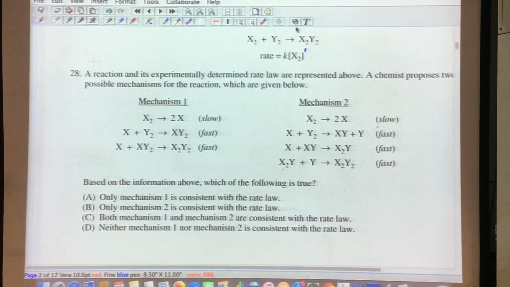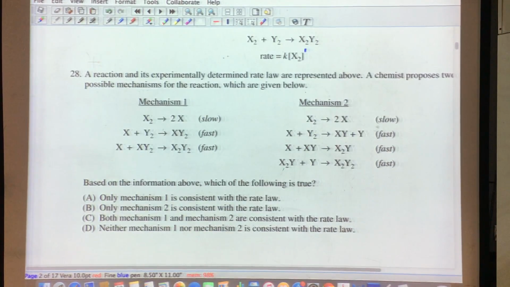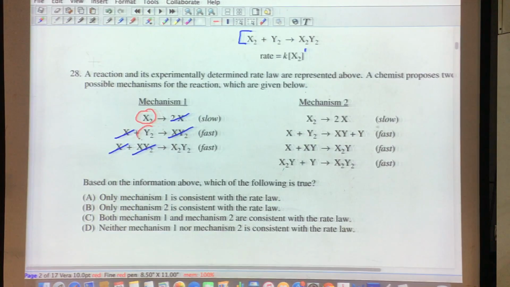So it's really a good idea to see if, in fact, both of these will, when you cancel out all the catalysts or the intermediates, equal the entire compound. So you can see that this is 2x, this would be an x, and this x would go bye-bye. This intermediate would go bye-bye, and you can see that we're left with the exact reaction we have up here.